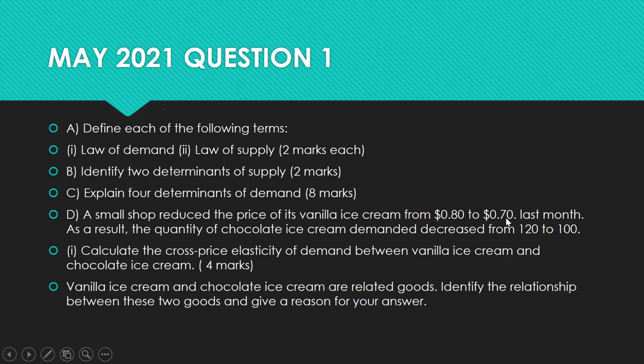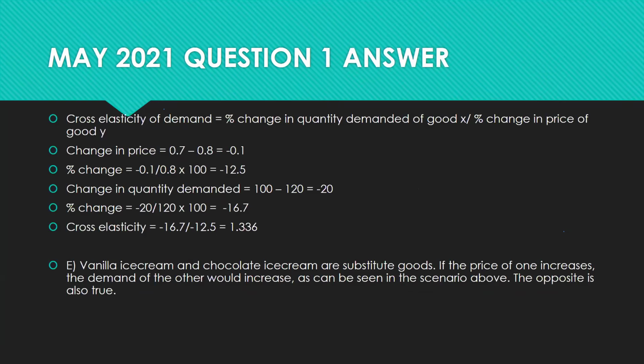And then we calculate the percentage change in price. It went from 80 cents to 70 cents. It changed by 10 cents. Positive or negative? It got smaller, so it would be negative. So it'll be negative 10 cents over the original amount, which is 80 cents, multiplied by 100, which gave us negative 12.5.